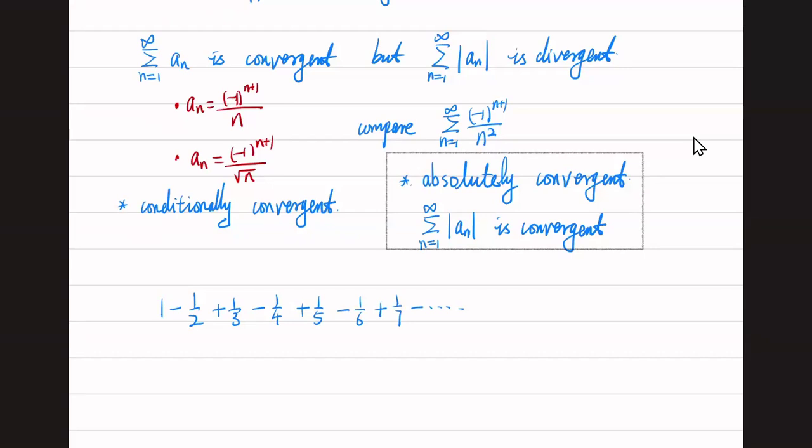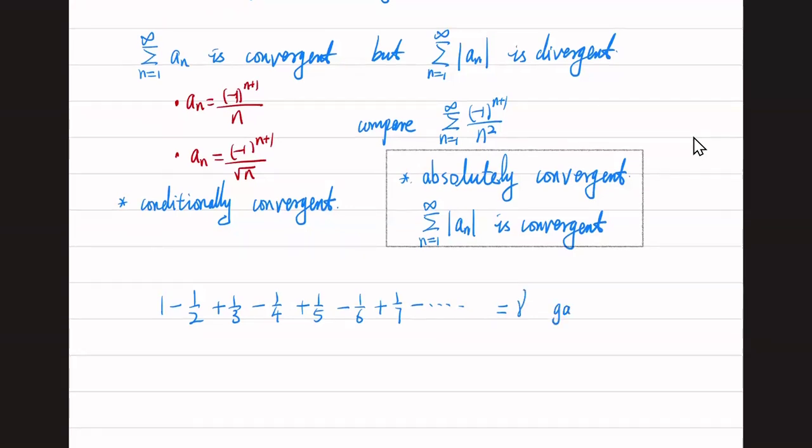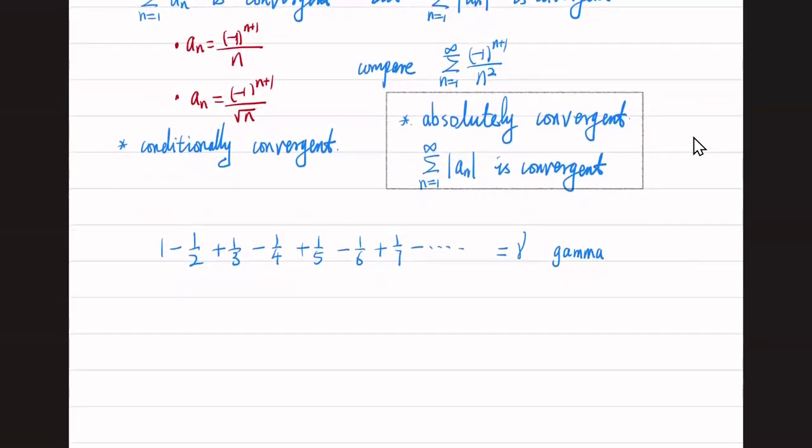It converges to some number. We use this letter gamma, a Greek letter gamma. Now I'm going to make some changes. I want it to go to bigger than 100. No matter how large a number you give me, I can make an arrangement so that this converges to your number, maybe even bigger.